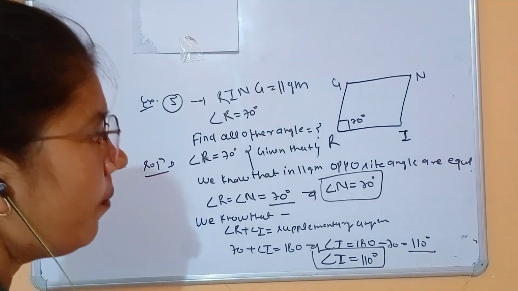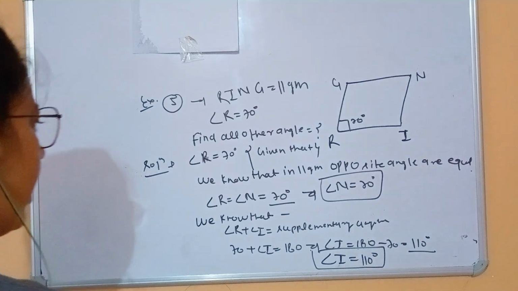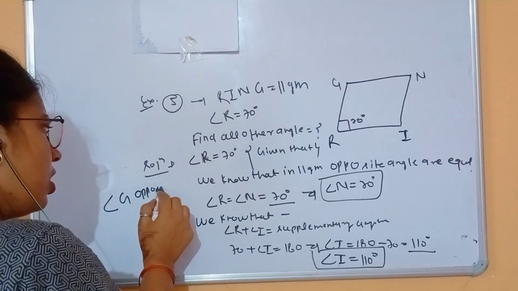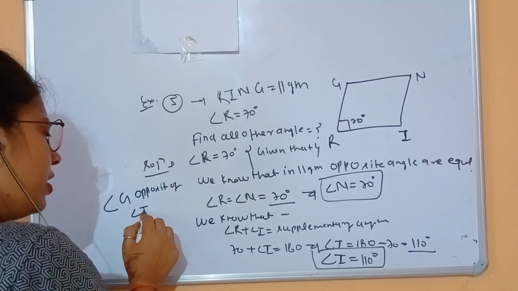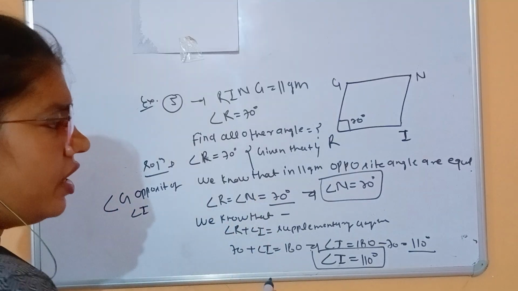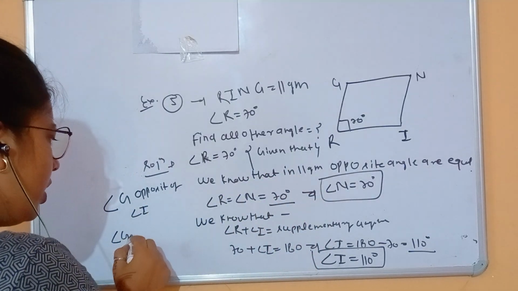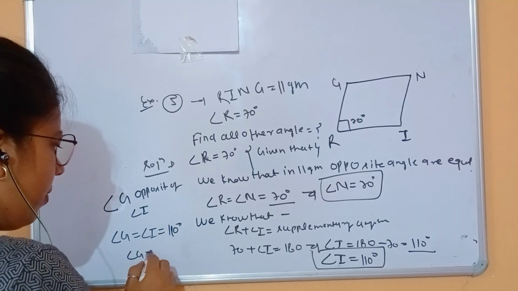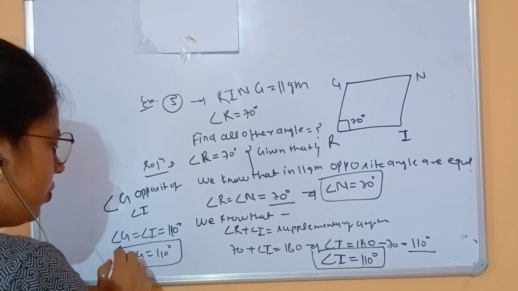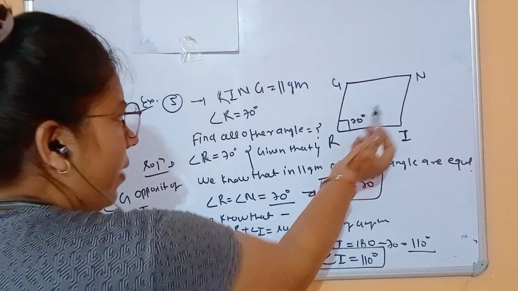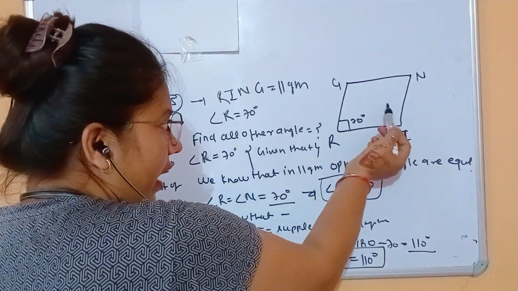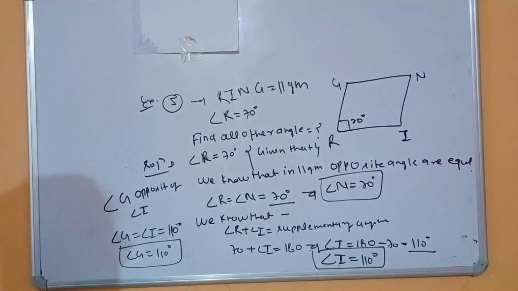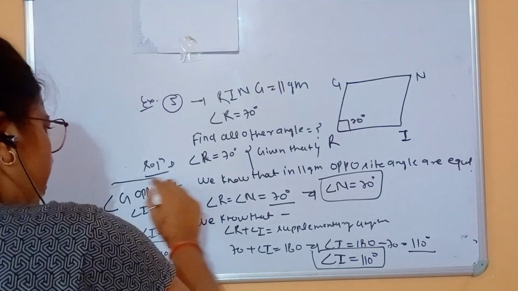Angle G is opposite of angle I. We know that angle I is 110, so angle G is also 110 degrees. So we find angle N is 70 degrees by opposite, angle I by supplementary, then angle G is 110 degrees by opposite.